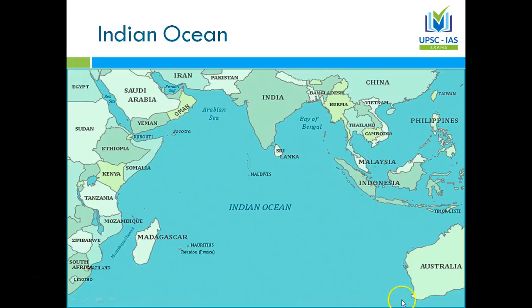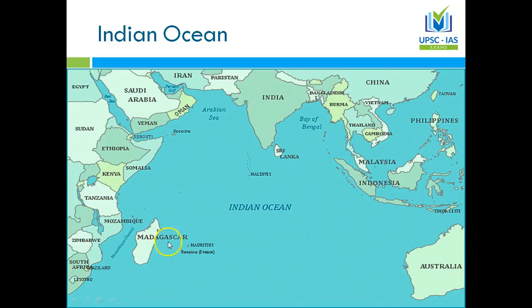Now here we go. This is a map of Indian Ocean. What are the countries or continents that you can spot from this picture given to you? I can clearly see the eastern coast or eastern part of Africa. There are so many countries here, right?